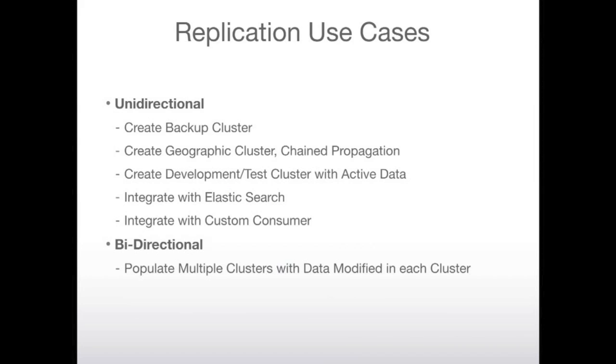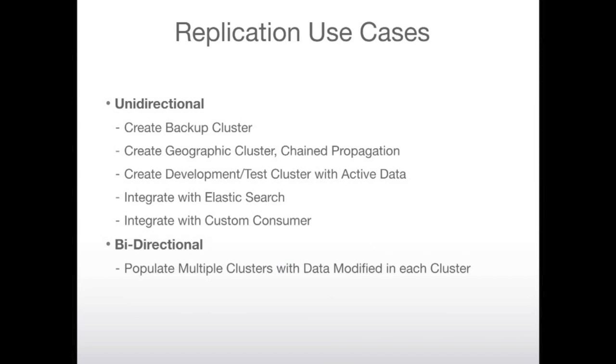So we have unidirectional and bidirectional replication. There's a source of truth cluster, where you're doing all your CRUD operations, and then you're doing a unidirectional, or single direction, replication to another cluster. There are a number of use cases for this.